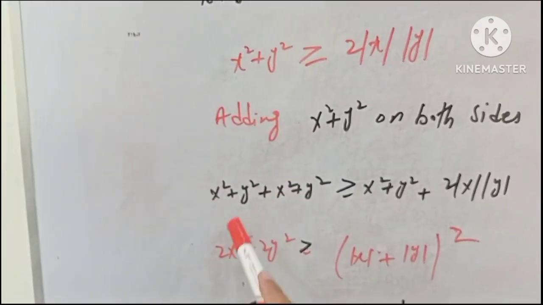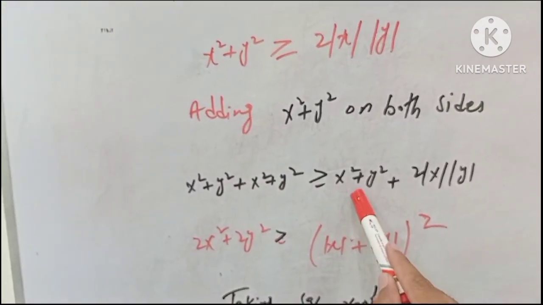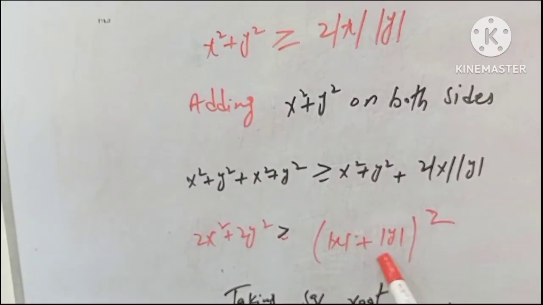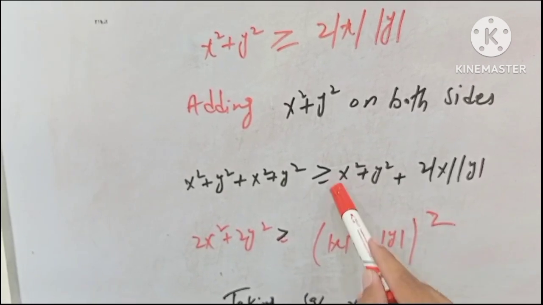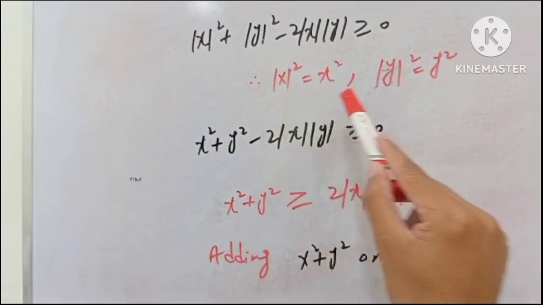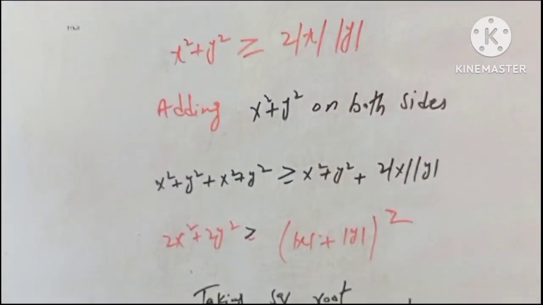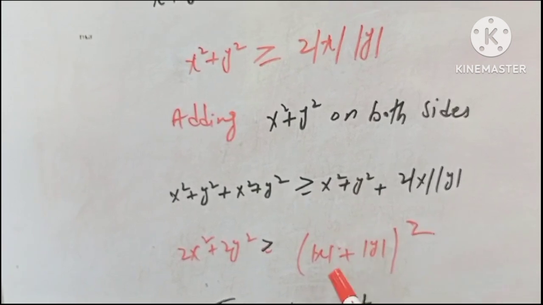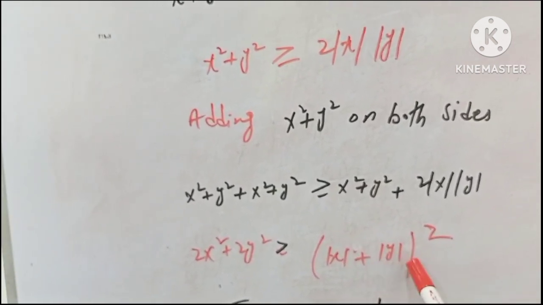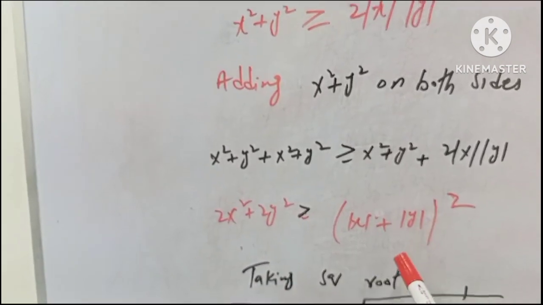It becomes 2x² + 2y² ≥ (|x| + |y|)², as x² is equal to |x|² and y² is equal to |y|². So it becomes (|x| + |y|)².